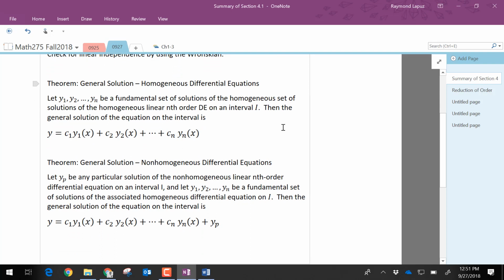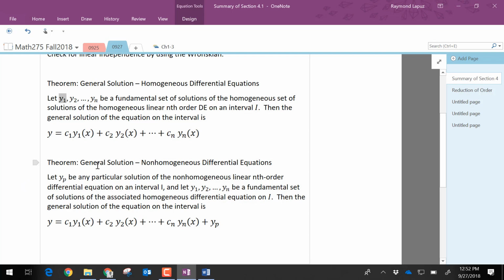If we have a homogeneous differential equation, that's a differential equation set equal to 0, then for an nth order linear homogeneous differential equation, we should be expecting n different functions that are linearly independent from each other.